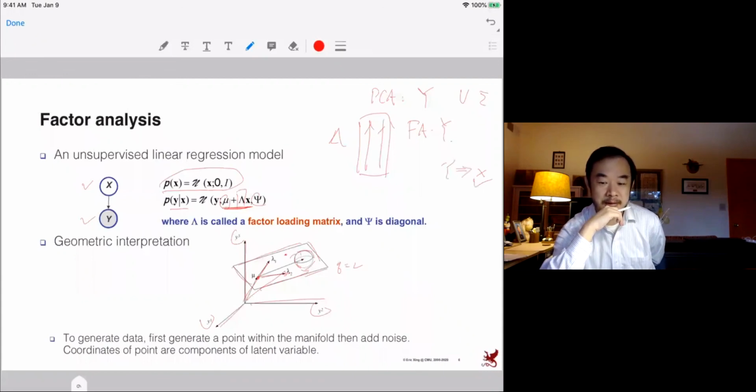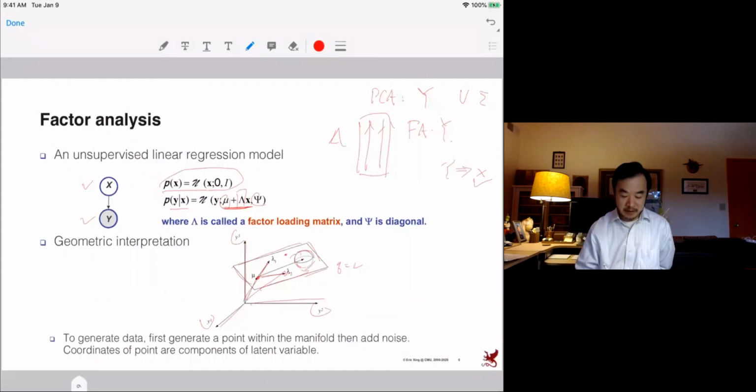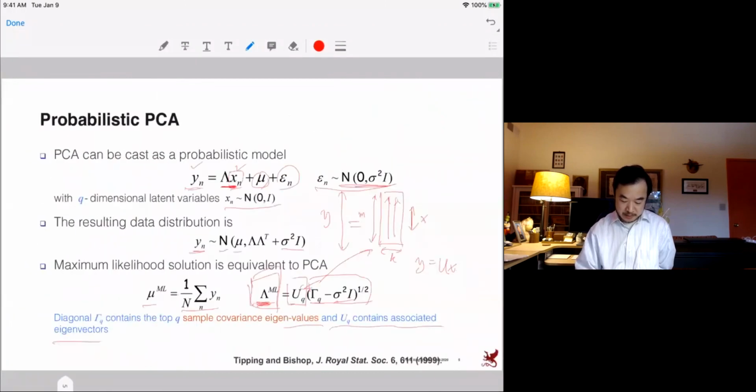I do have another question. Someone is asking, what is phi the covariance of? Of the noise. You can see here I'm defining a conditional distribution.